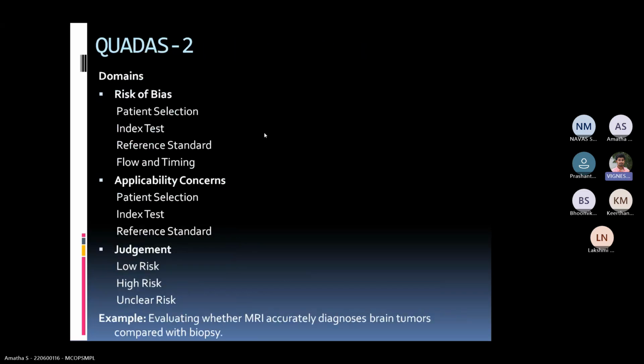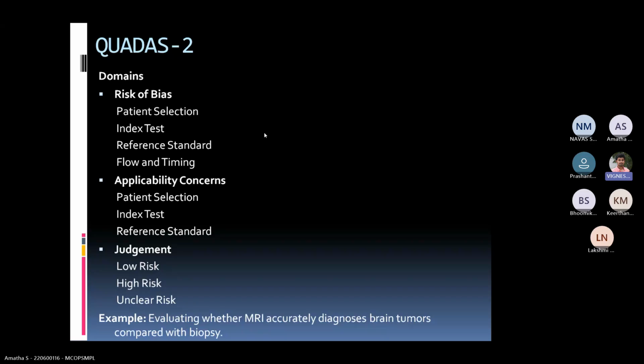Next one is QUADAS. Here it is about bias. Say one person has a brain tumor. They take an MRI first, then they go for biopsy. No one will directly go and do a biopsy because we first have to confirm, then validate. So there will be some bias.